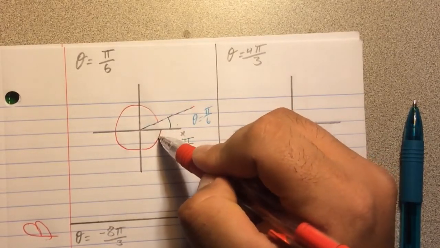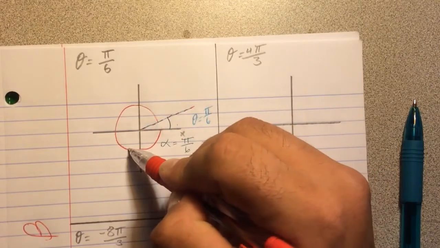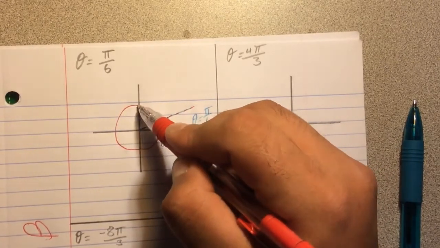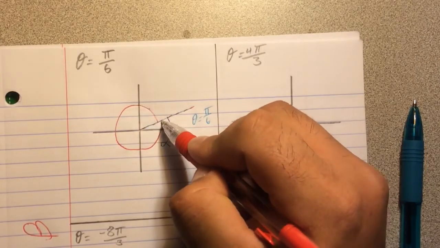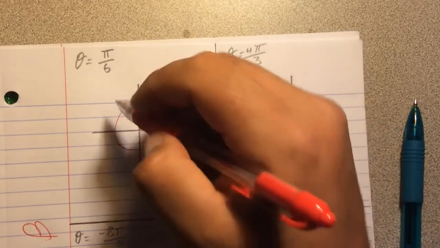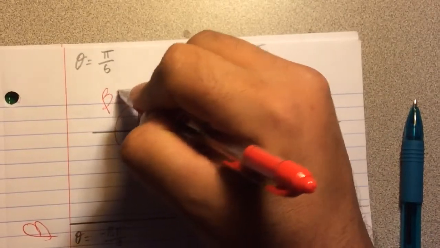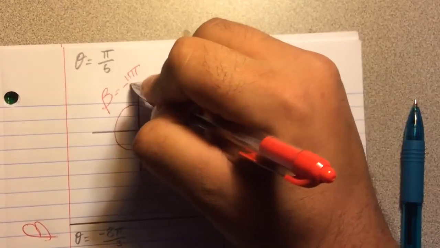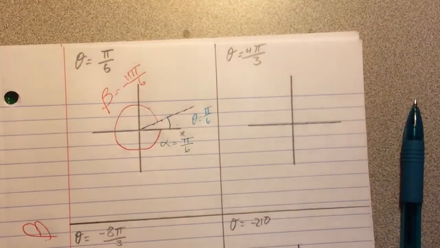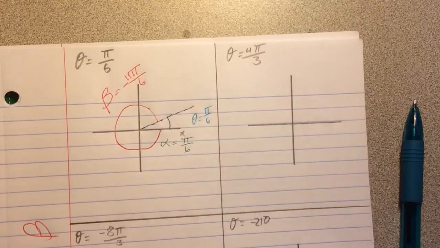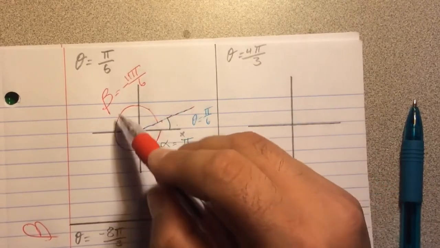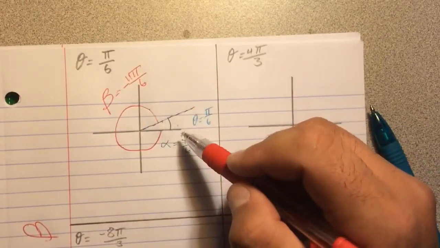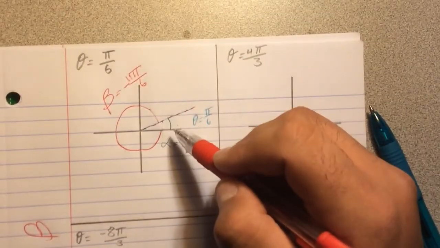So this would be 1/6, 2/6, 3/6, 4/6, 5/6, 6/6, 7/6, 8/6, 9/6, 10/6, 11/6. So our beta is actually going to be negative 11 pi over 6. That's because we went around 11, and then this one would complete 12, which would give us our 2 pi, which is all the way around the circle one time.